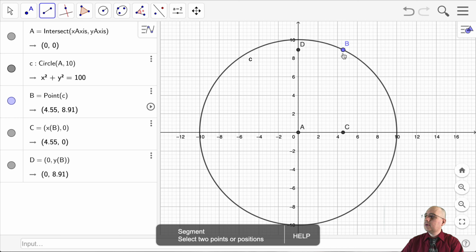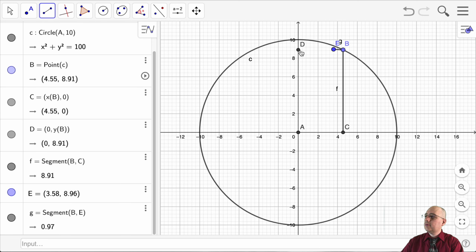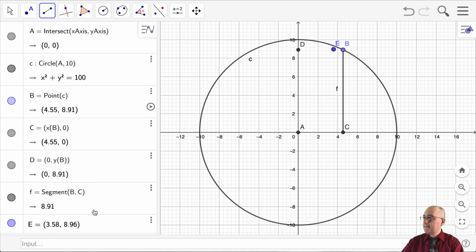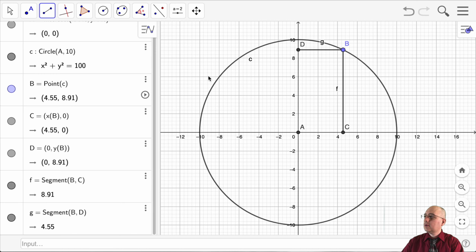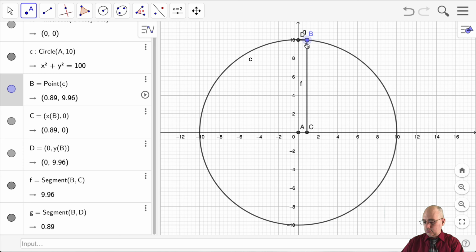And if you want to, you can get a little viewpoint of segments here and here. As I drag this along, the height gives almost the entire speed until it is there. And then as we come down, the horizontal speed becomes almost everything. That's just how this thing works.